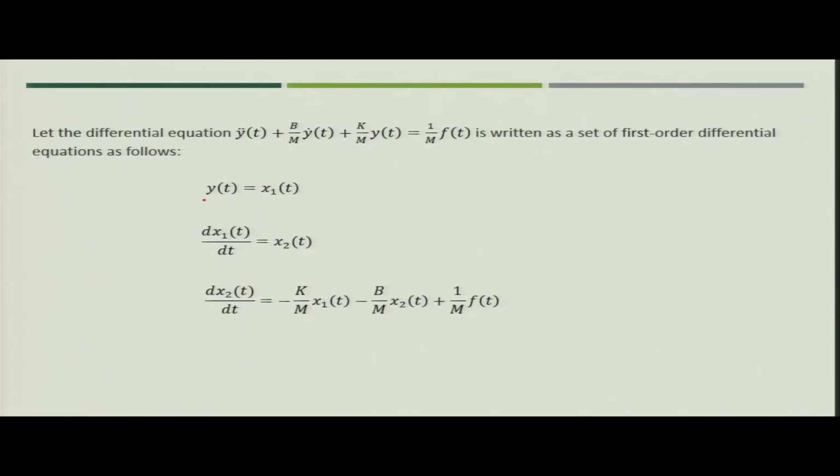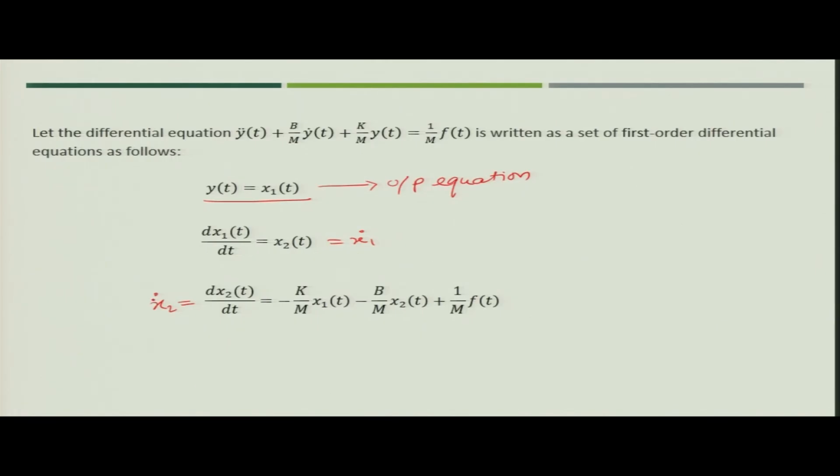We will first define y(t) is equal to x1(t), which will also become your output equation, and then x2 is nothing but dx1 by dt, or you can write x1 dot, then dx2 by dt, that is x2 dot you can write, because this is the highest order derivative. So, you can write x2 dot in terms of the other elements of the equation.